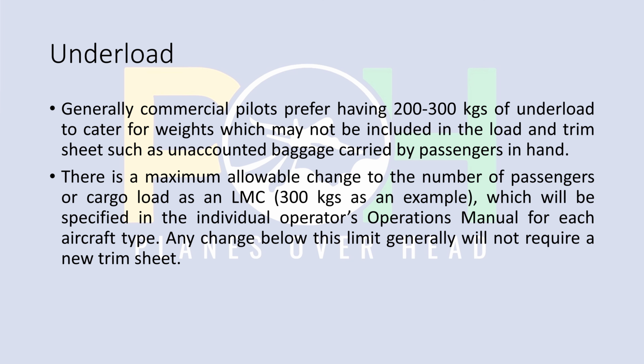But if you have removed 500 kilograms of cargo or passengers, then you'll require a new trim sheet. However, also remember, any fuel change on the aircraft requires a new trim sheet. Fuel change is not catered for in this 300 kilos.